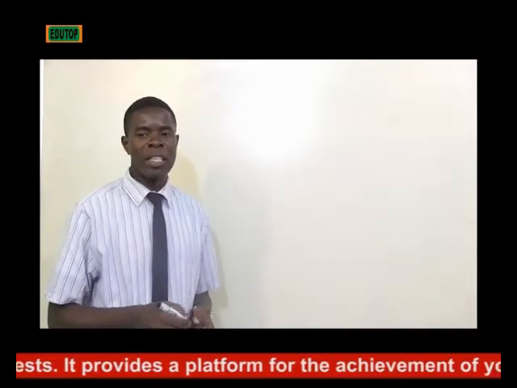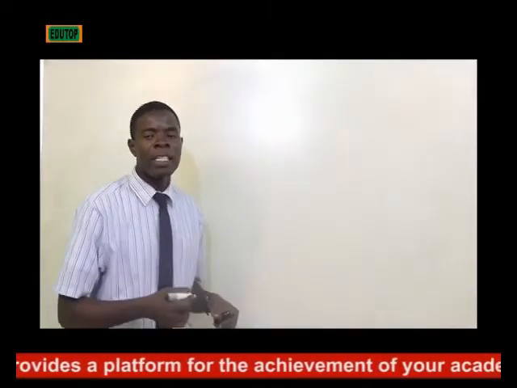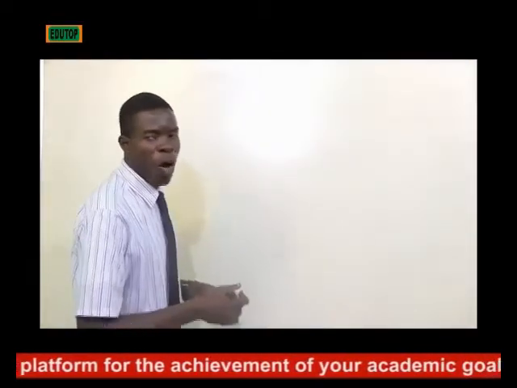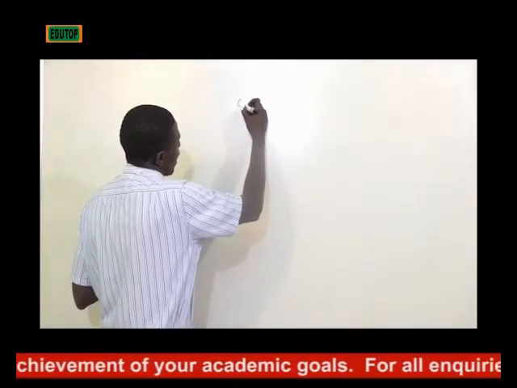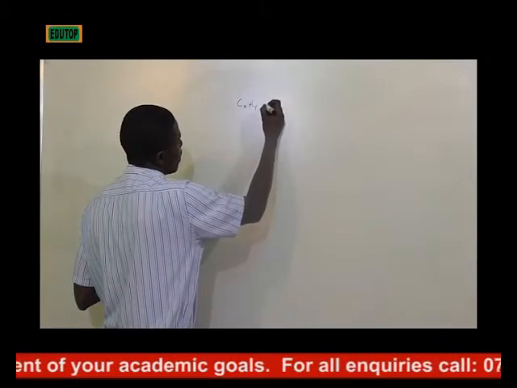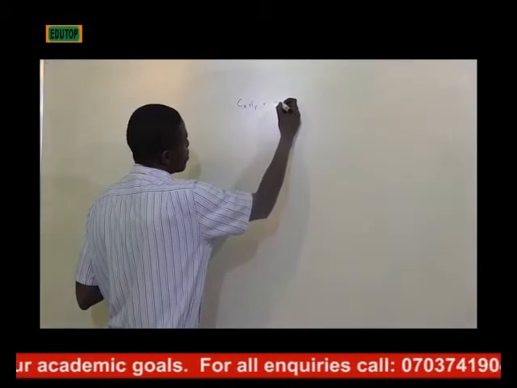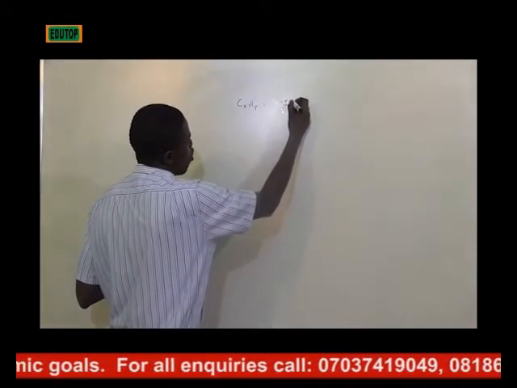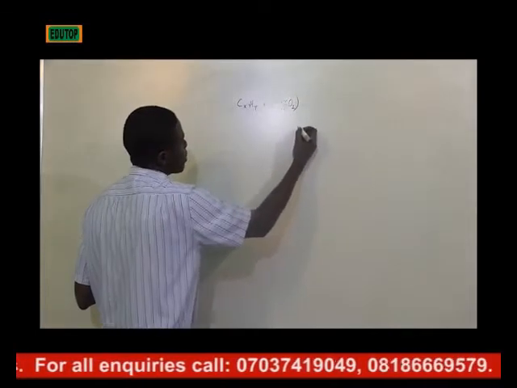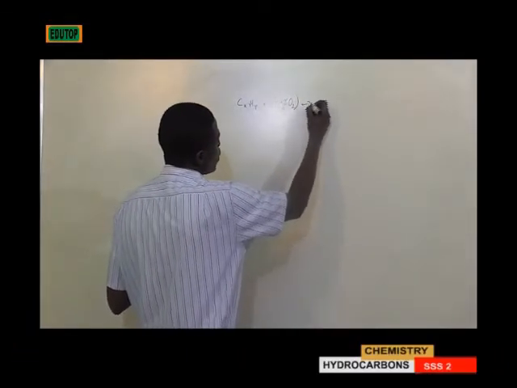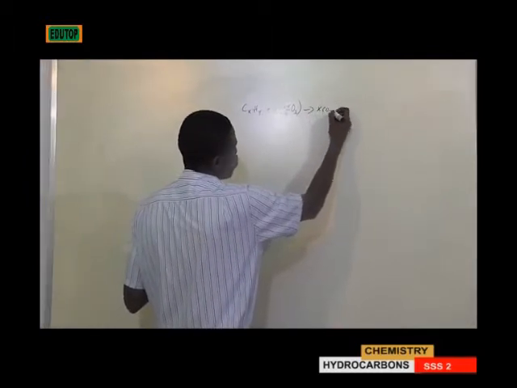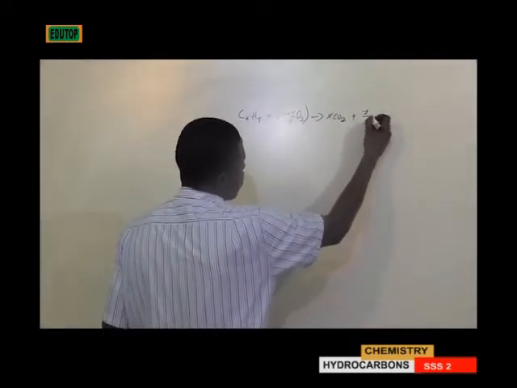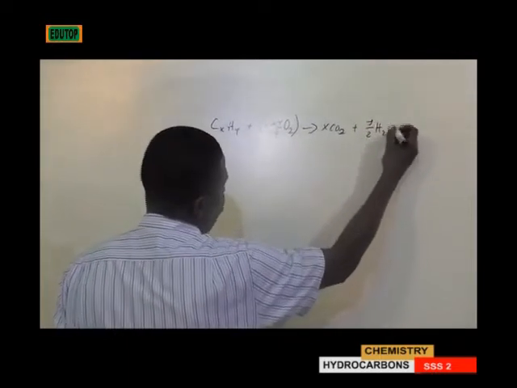This can be demonstrated. For the case of 1, the combustion formula of all organic compounds is CxHy plus (x + y/4) O2 gas to give xCO2 plus y/2 H2O.